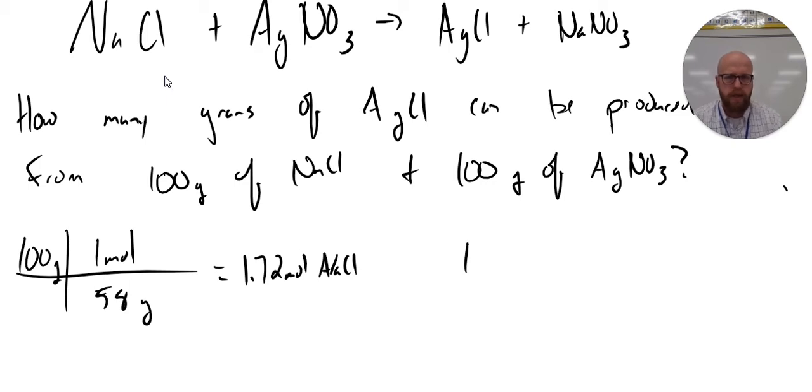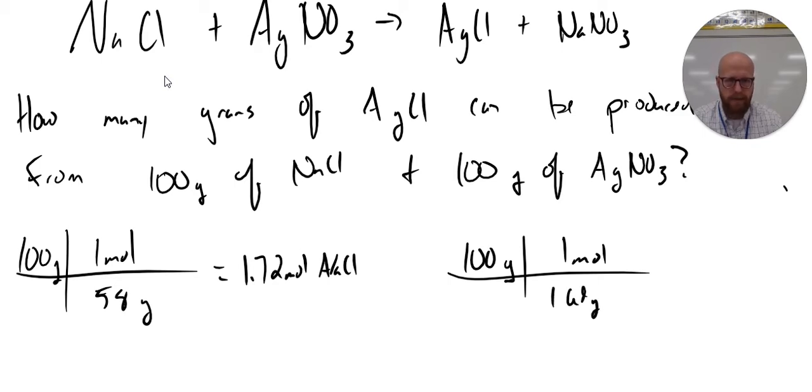Then I'm going to do the same thing over here. I have 100 grams of silver nitrate, and I'm going to convert. I know that 1 mole is 169 grams. And I only have 0.59 moles of AgNO3.